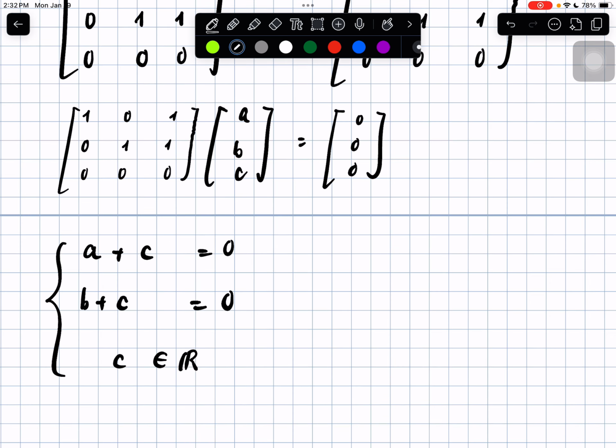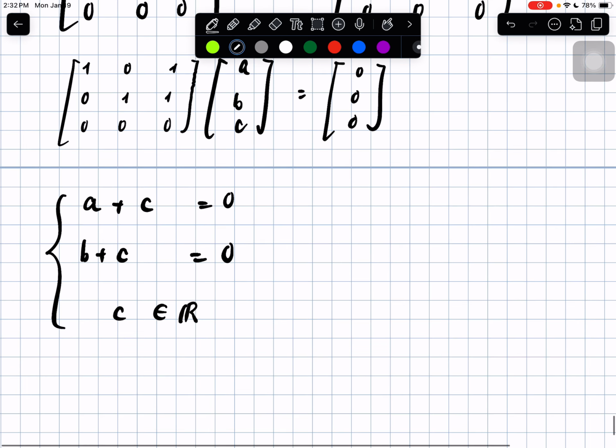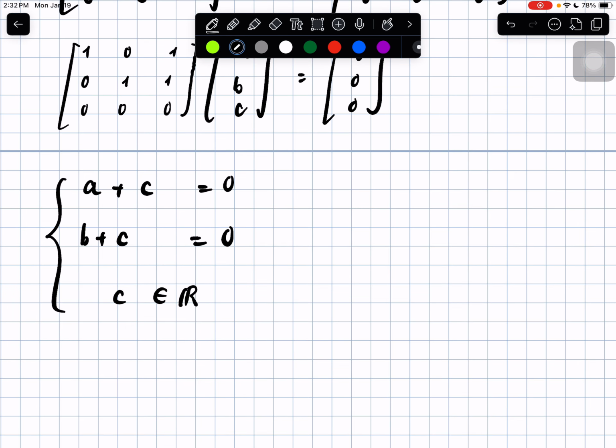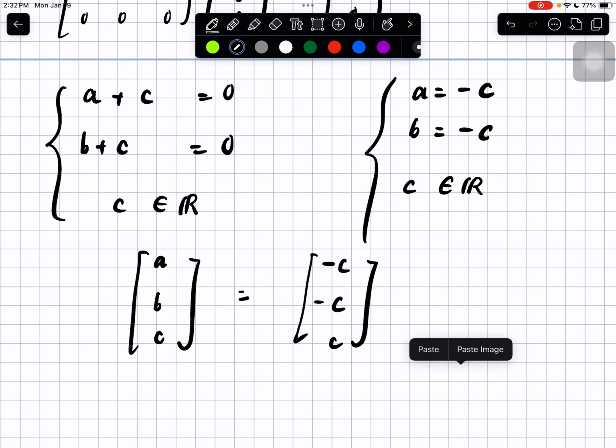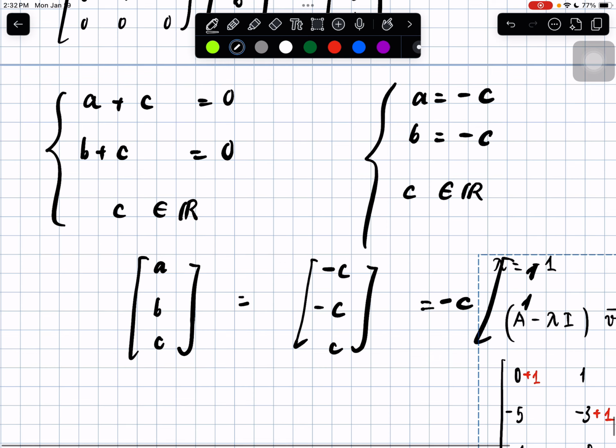We need to make sure that the vector v is non-zero. We have A equal to minus C, B equal to minus C, and C is free. So (a, b, c) is of the form C times (minus 1, minus 1, 1).